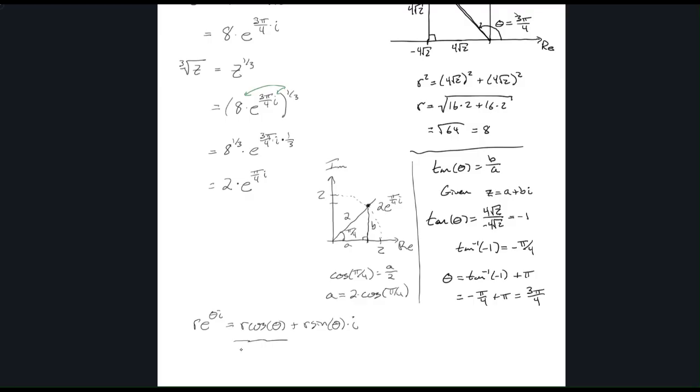And that's where we're really getting this in the formula. The r cosine of theta is the real part.